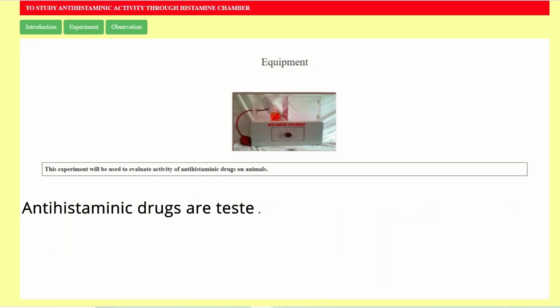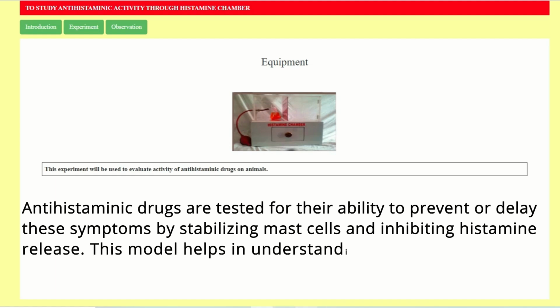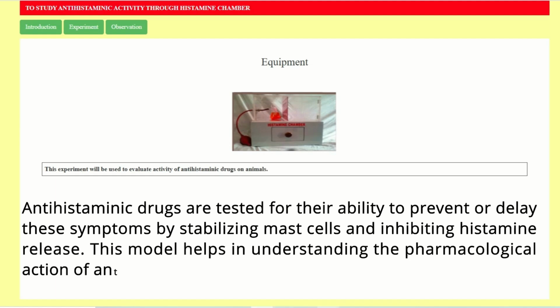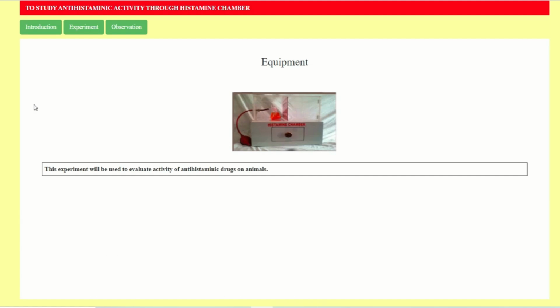Antihistaminic drugs are tested for their ability to prevent or delay the symptoms by stabilizing mast cells and inhibiting histamine release. This model helps in understanding the pharmacological action of antihistaminic agents and their therapeutic roles in allergic conditions like asthma or rhinitis. So now we will see how the experiment is performed.